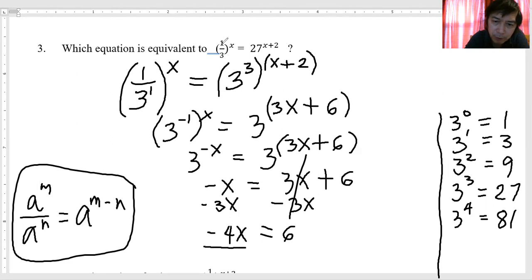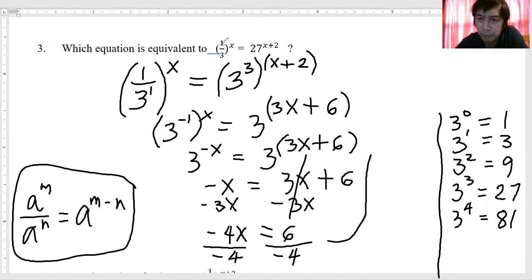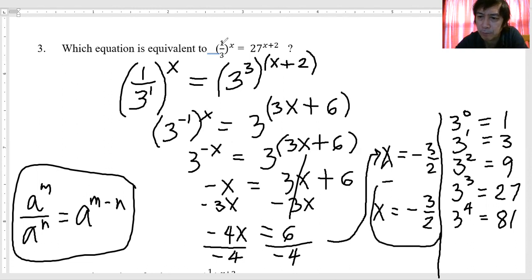So we shall divide both sides by the negative 4. So the x value is equal to 6 over 4, which is 3/2 in lowest terms. So this is negative 3/2. Let me write it clearly: negative 3 over 2. There, that's the answer. All right, that answers our number 3. It's a fraction, negative 3 over 2.